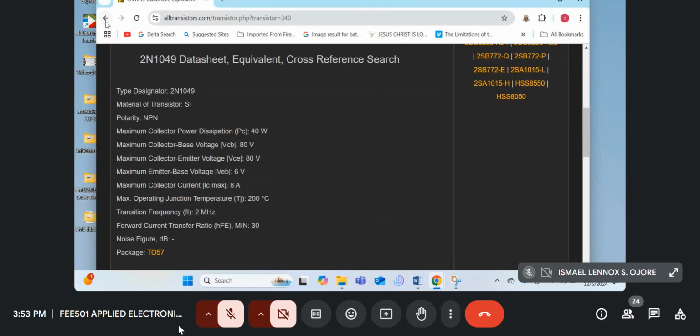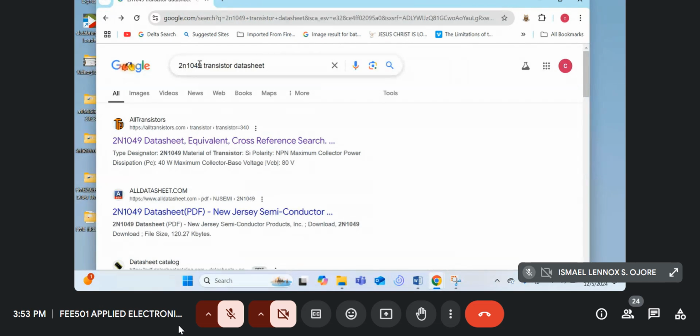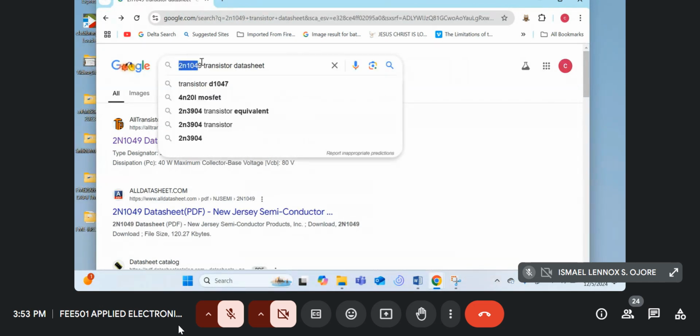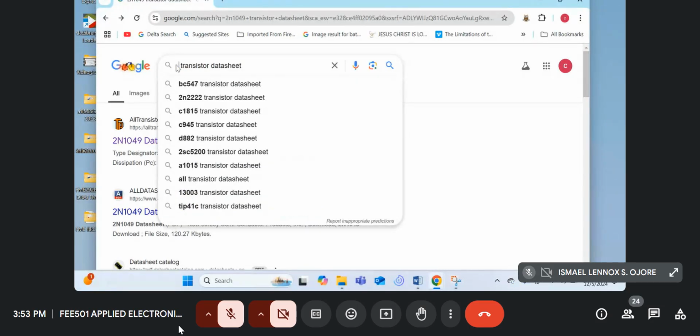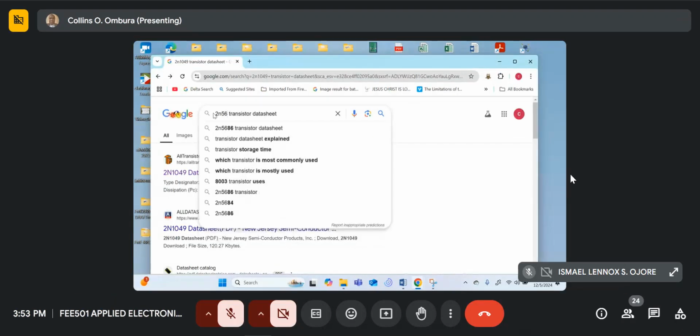And then the next transistor you're given is 2N656.